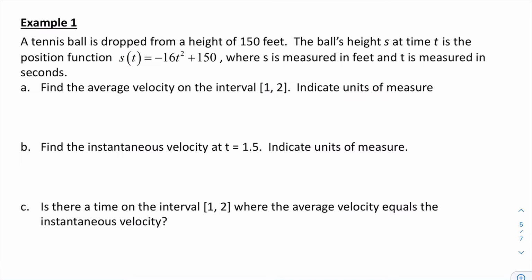Okay, so let's do a few examples. A tennis ball is dropped from a height of 150 feet. The ball's height s at time t is given by that position function, where s is measured in feet and t is measured in seconds. So in the book, just so you guys know, they're going to give you a general formula that if you're in physics, you should recognize.